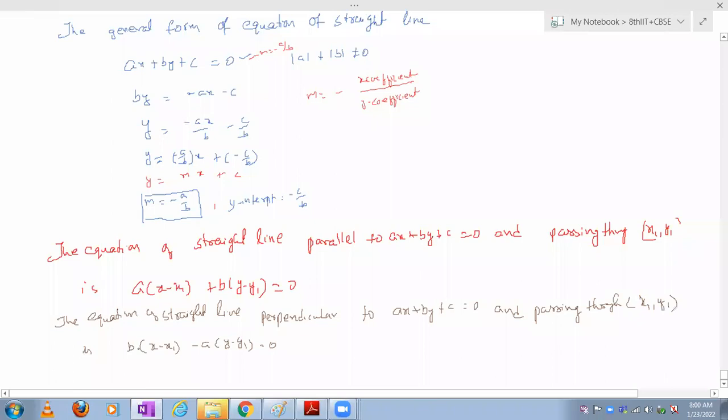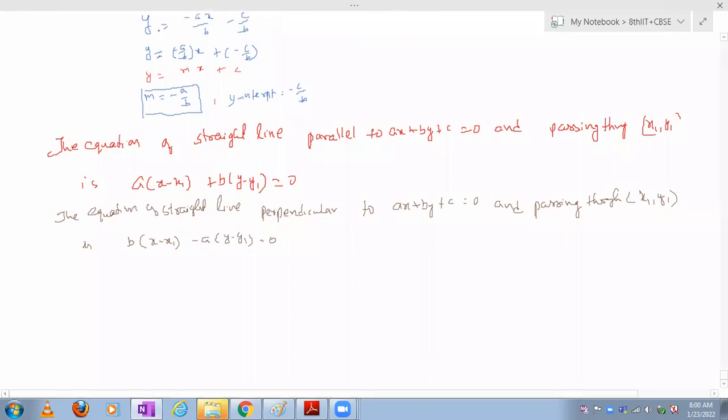Next, one more point is there. First of all, tell me, what is the equation of x-axis?